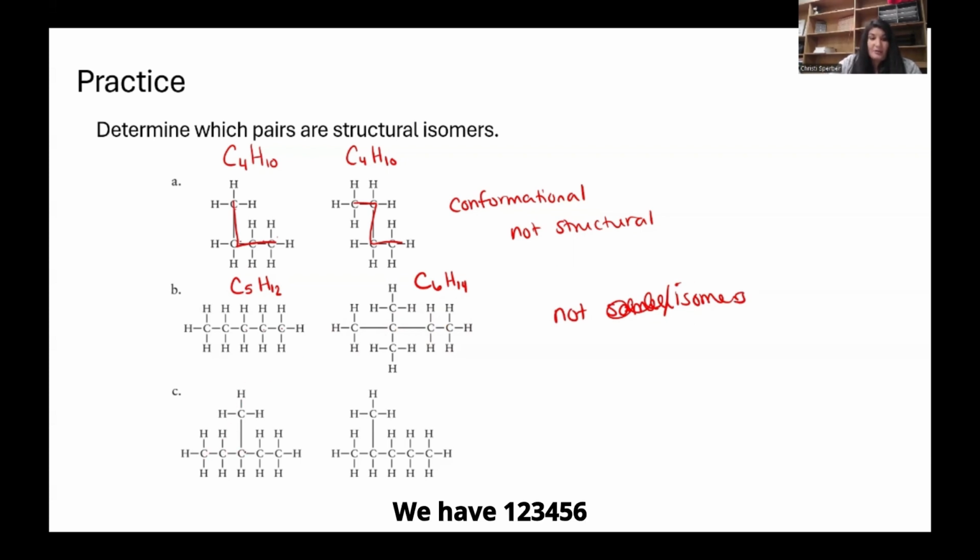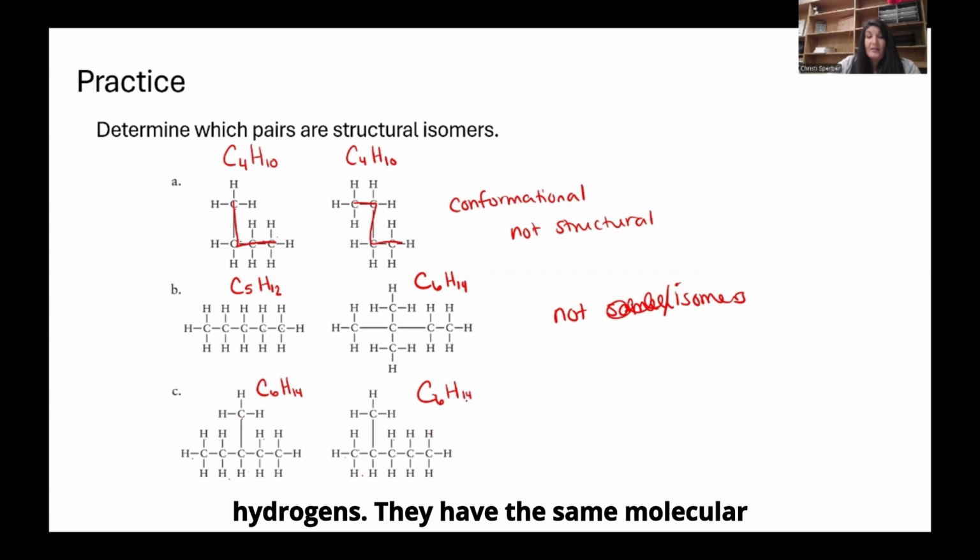So let's do C. We have 1, 2, 3, 4, 5, 6 carbons and 14 hydrogens. And let's do this other one. We have 6 carbons and 14 hydrogens. They have the same molecular formula. So now we want to see if they have the same connectivity.